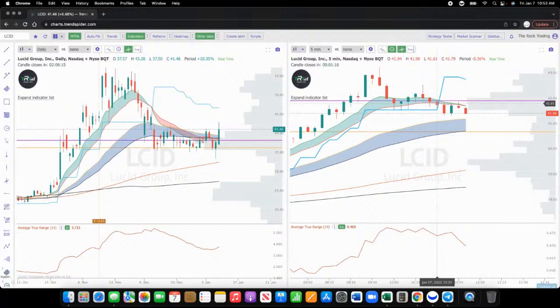If this breaks, you see this candle here on the 5-minute, it broke the average true range trailing stop, therefore you would go short. So this makes a somewhat clear signal of when to go long or when to go bullish on the 5-minute, or when to go short on the 5-minute chart using this average trailing stop indicator here. If it holds, call. If it breaks, then you put.